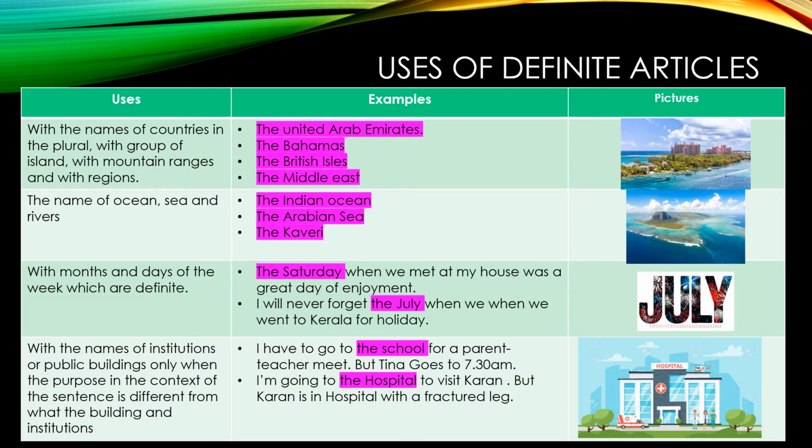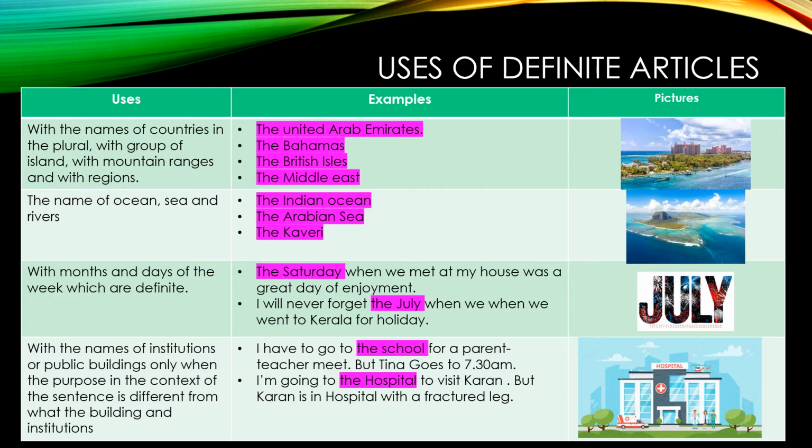We use definite articles with the names of oceans, seas, and rivers. For example, the Indian Ocean, the Arabian Sea, the Kaveri. With months and days of the week which are definite. For example, the Saturday when we met at my house was a great day of enjoyment.